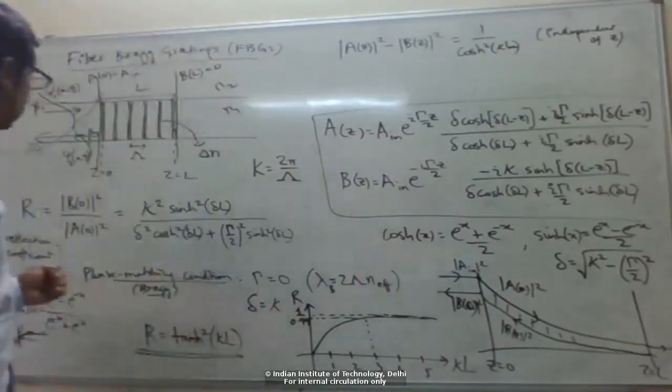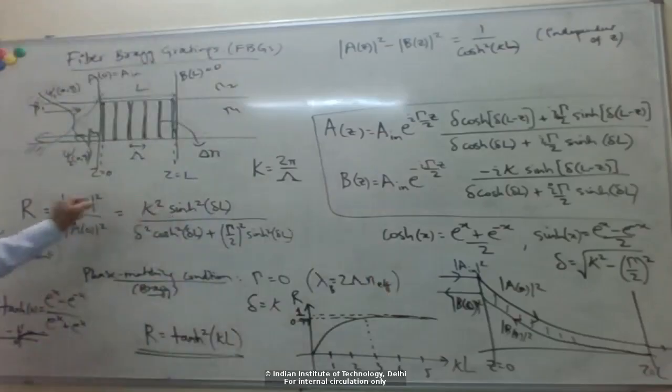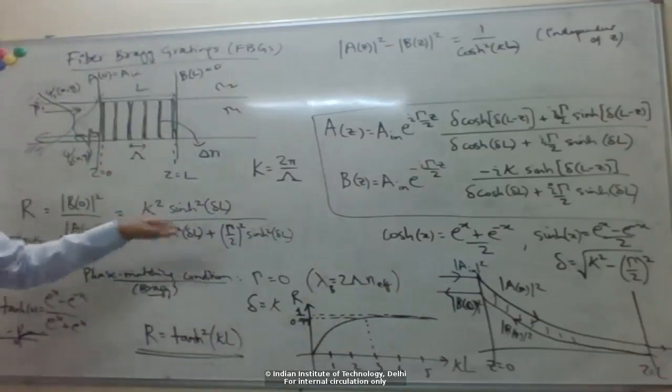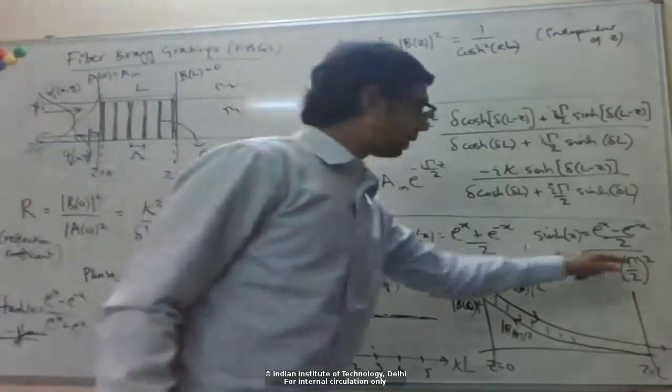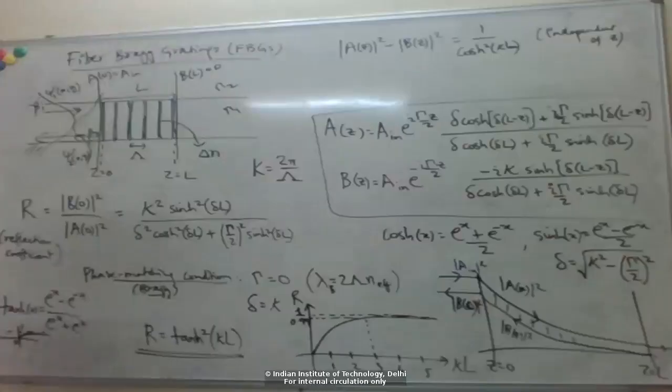We can also look at how the reflection coefficient varies as we change the wavelength from the Bragg condition. Then this capital gamma is non-zero.